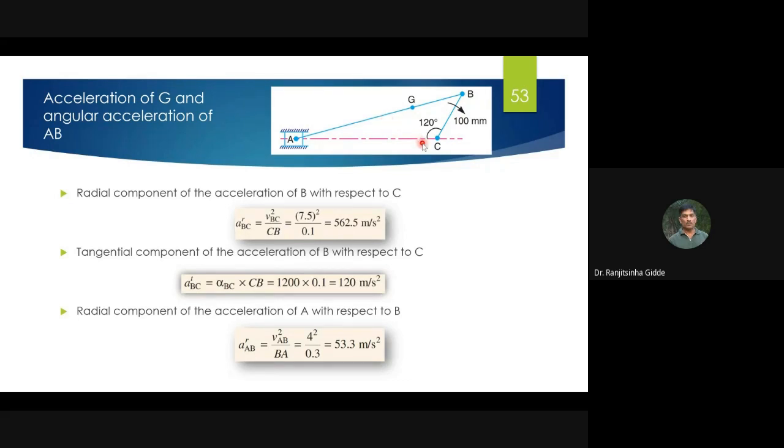So this is link CB. This one is crank. Just listen carefully. So already in the statement they have given omega, and also they have given the angular acceleration for the crank.